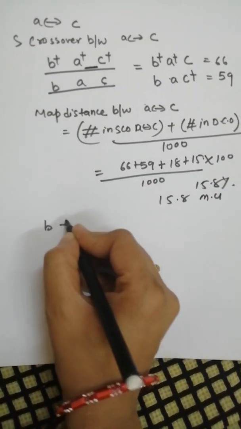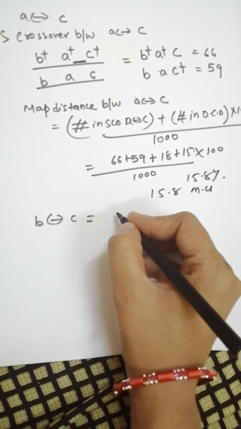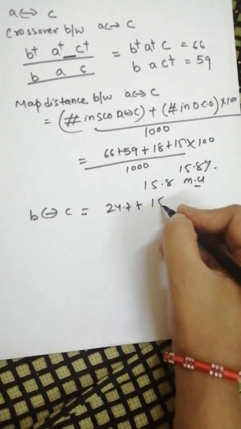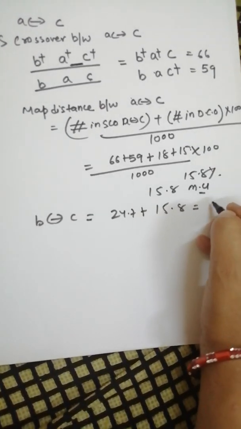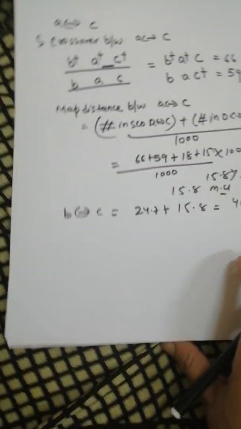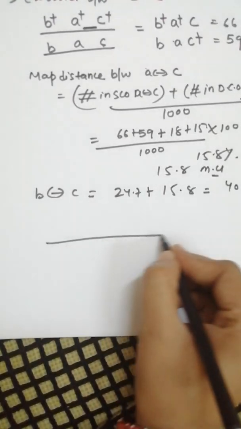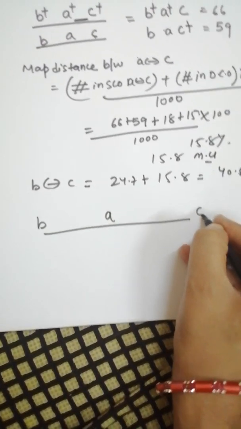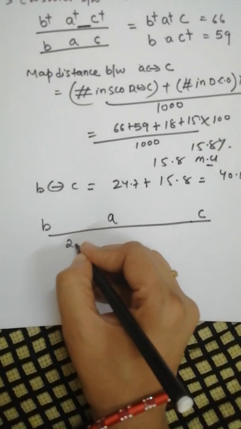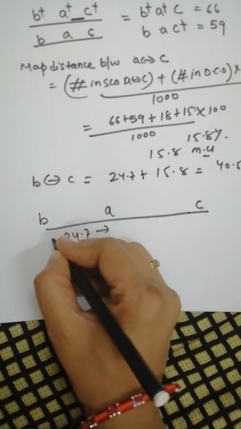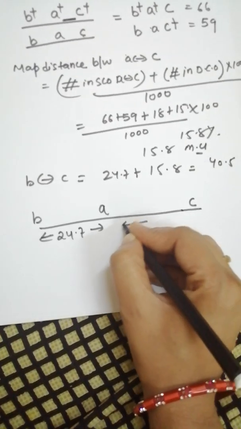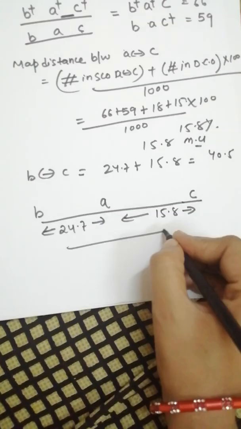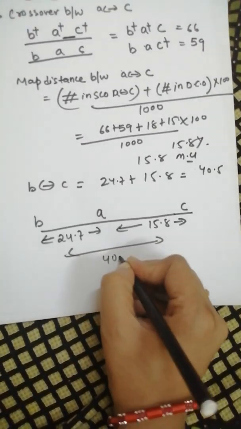The map distance between B and C is 24.7 plus 15.8, which is 40.5. Then we will make the gene map. This is B, A and C. This is 24.7. This is 15.8 and total is 40.5.